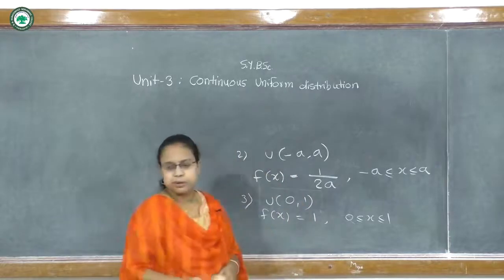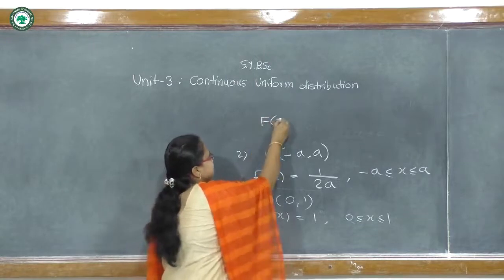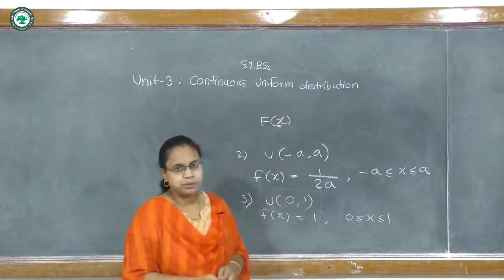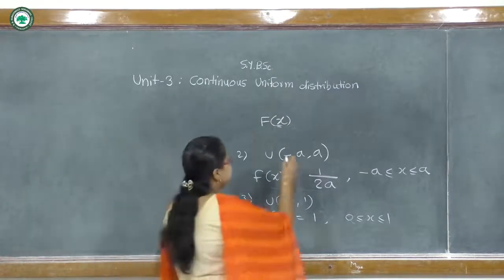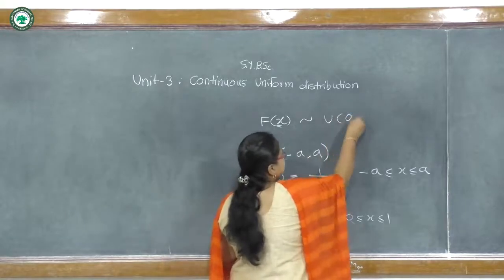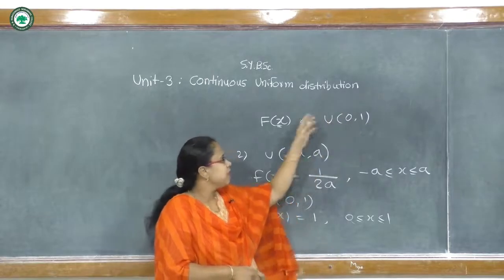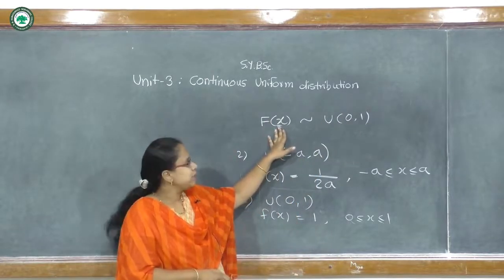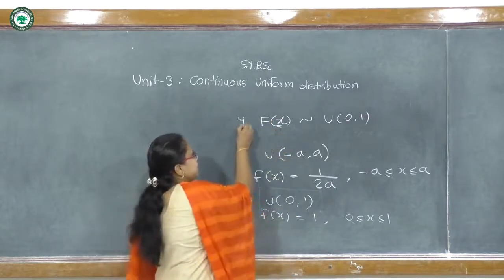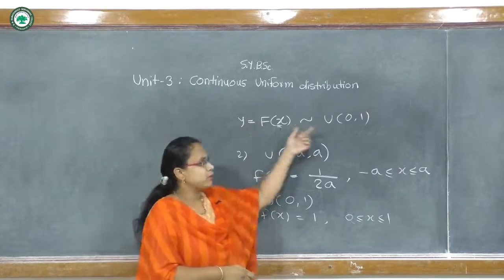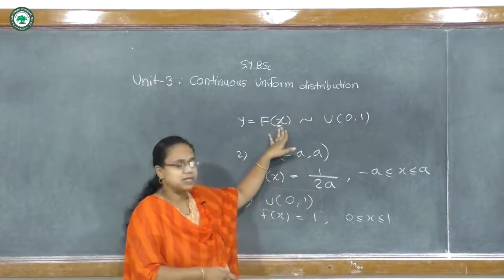There is one important property of uniform distribution: if X has any distribution, then its CDF, meaning distribution function, always follows uniform 0, 1. This is the standard uniform distribution. Whatever the distribution of X, suppose we denote its CDF as Y, then Y follows the uniform 0, 1 distribution.